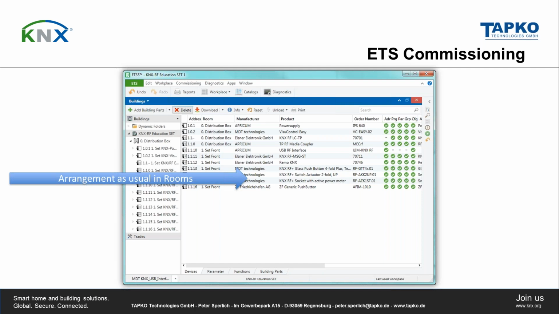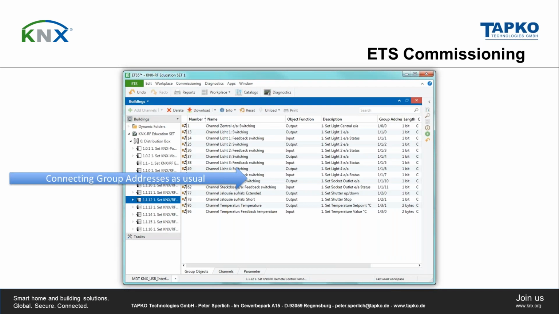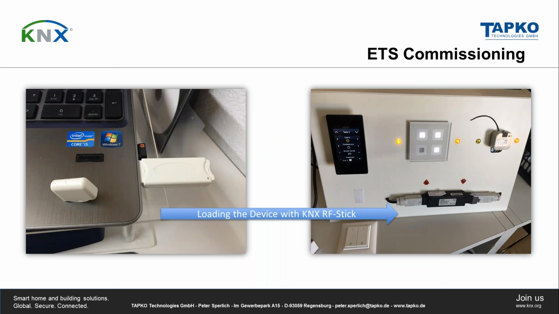The next step is the same as you usually do with your TP devices: you do the parameters as usual and you connect the group addresses. Same as your TP device, it all looks the same. Then you connect your laptop with the USB interface, and you can program your KNX RF devices over the air, so to say, over the radio.